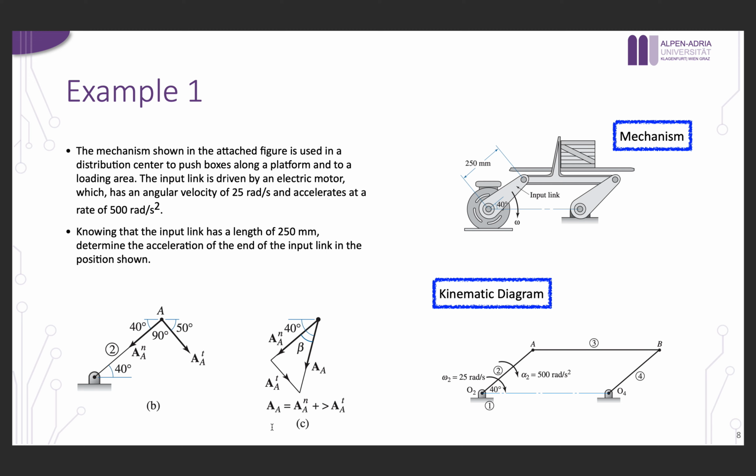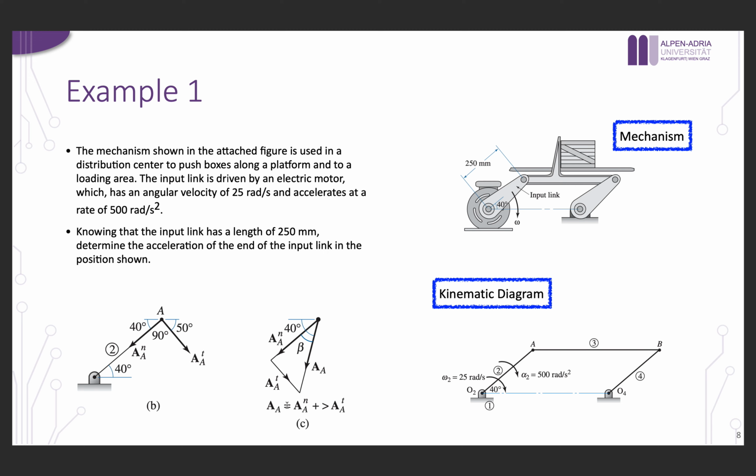So of course, after that we need to get the total acceleration, which is a vector represented by the sum of the normal acceleration plus the tangential acceleration. So this basically represents these two accelerations.